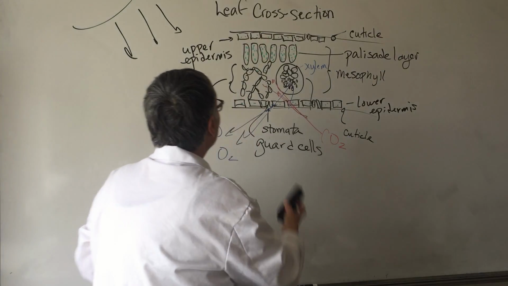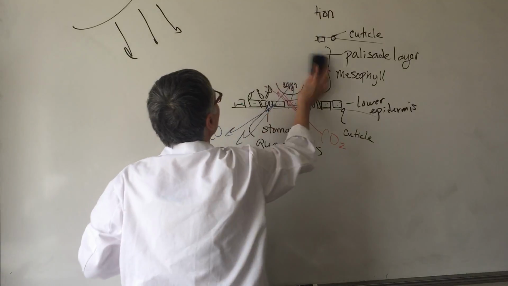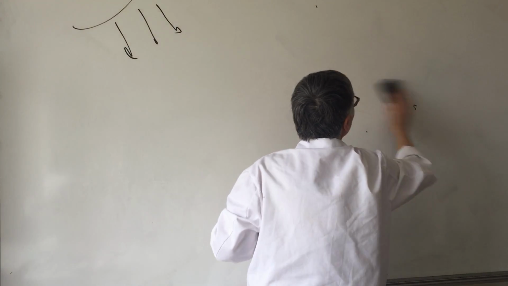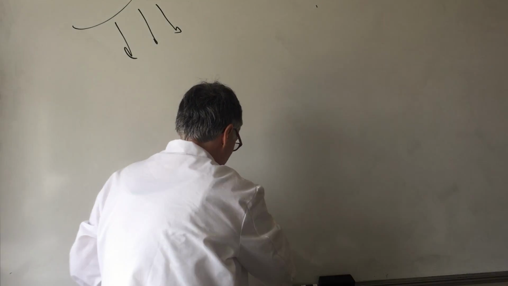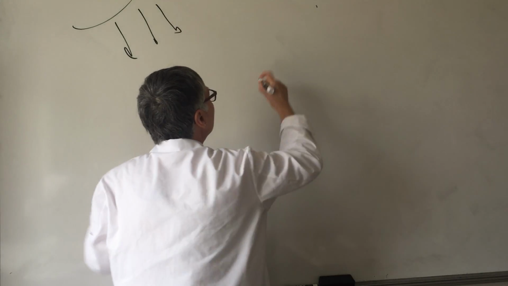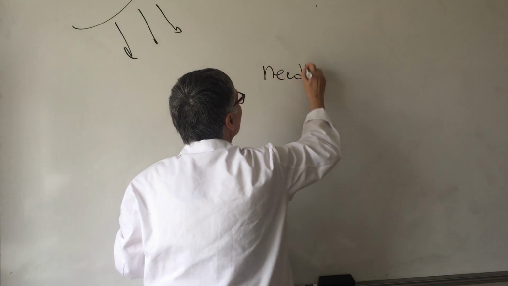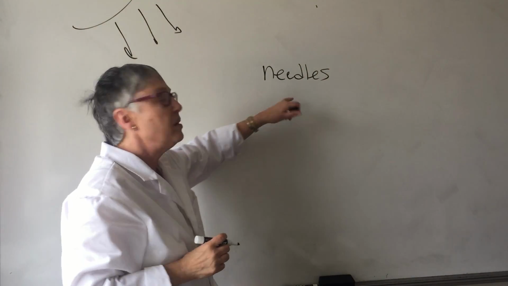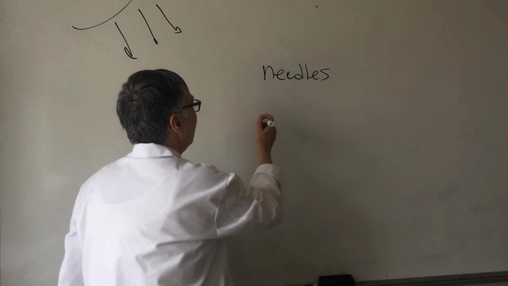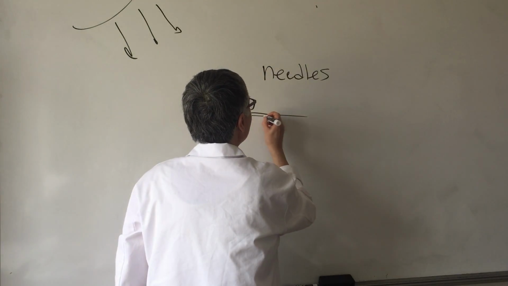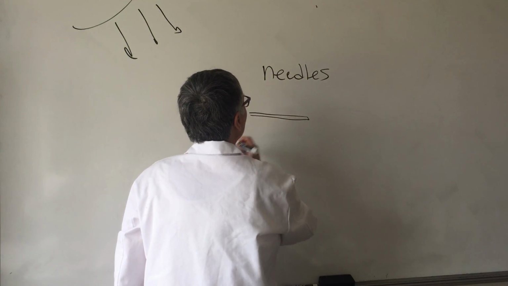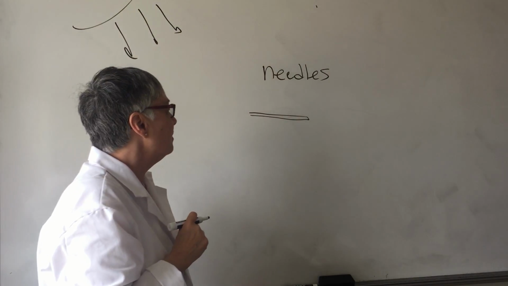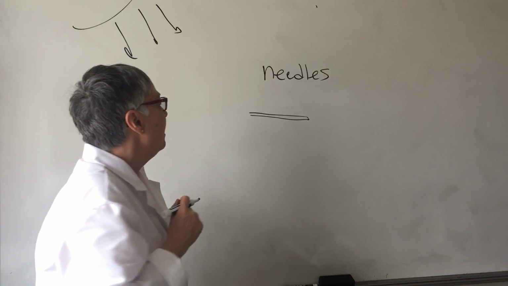But there are other kinds of leaves, and for us, the most common are those that belong to conifers, and so we sometimes call them needles because they are very, very thin. They're not structured anywhere near the type of blade.